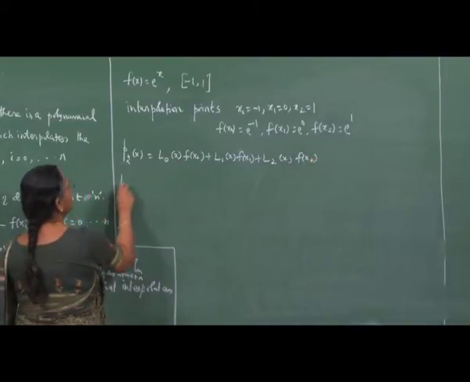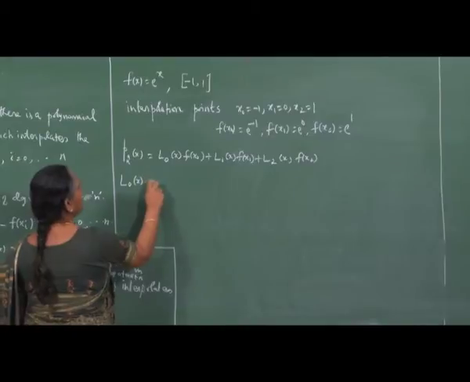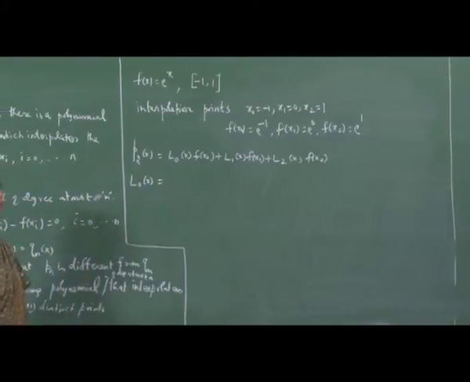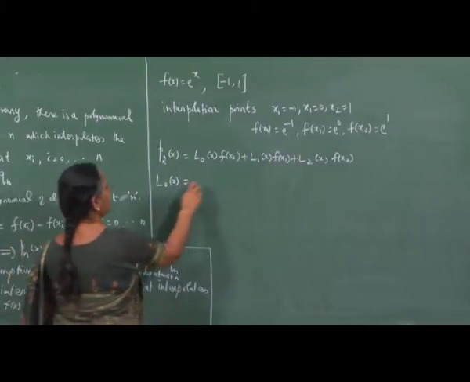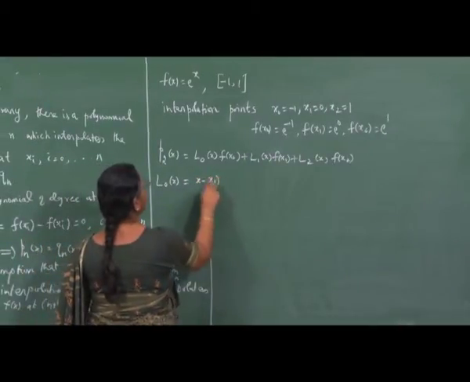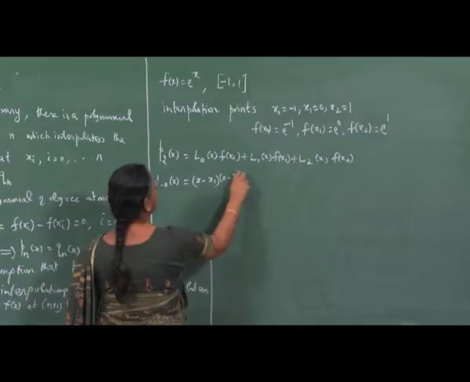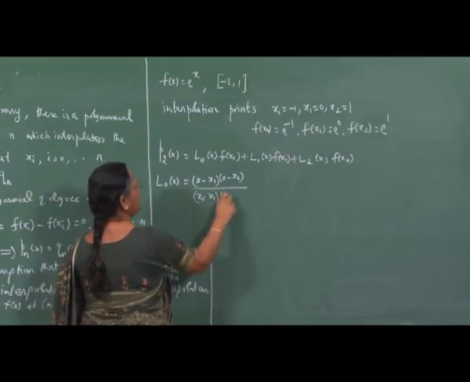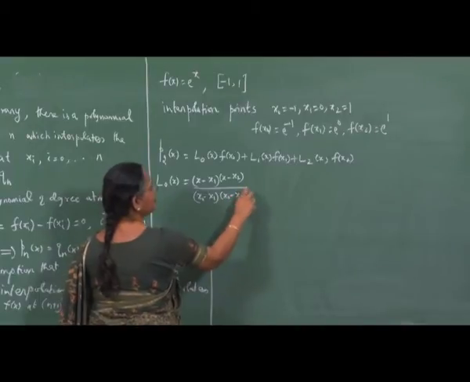And hence, I write down what are these polynomials L naught, L1 and L2. What is L naught of x? It should be x minus x1 into x minus x2 by x naught minus x1 into x naught minus x2.